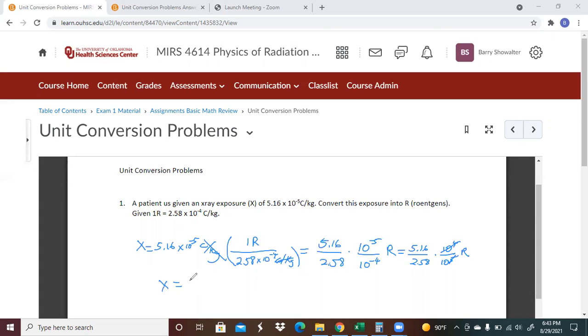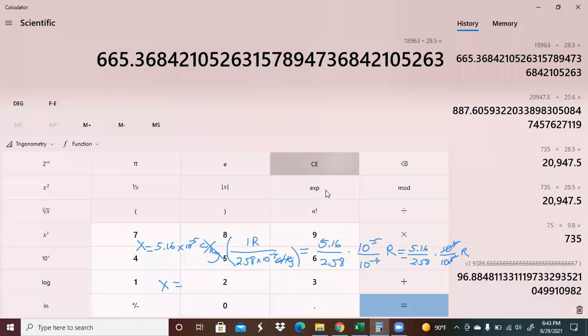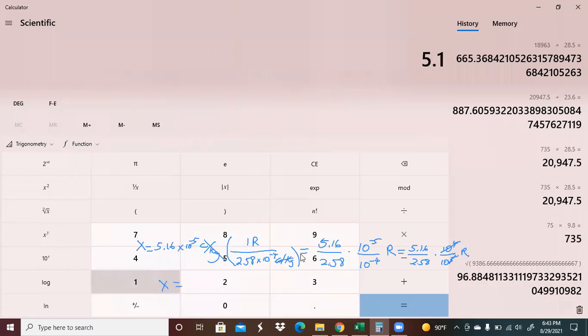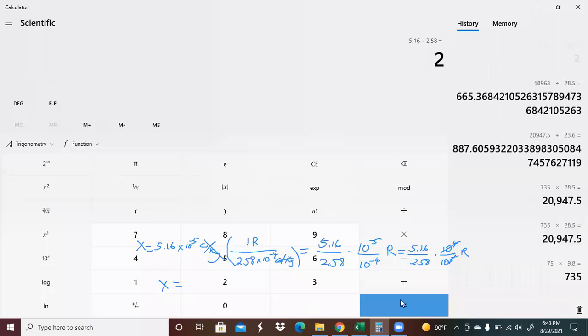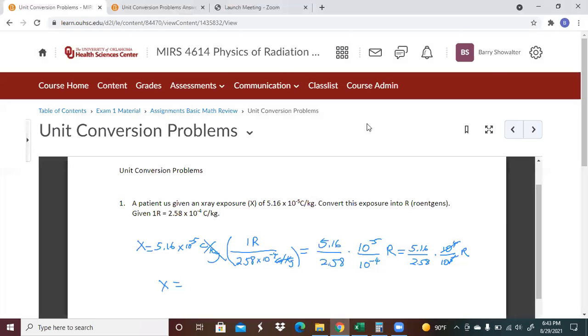Well, 5.16 divided by 2.58, that's 2. So if I go back here, start writing this again, I get 2 divided by 10. Got to remember that 10 there. Roentgens, which is 0.2 Roentgens. Okay. That's the first problem.